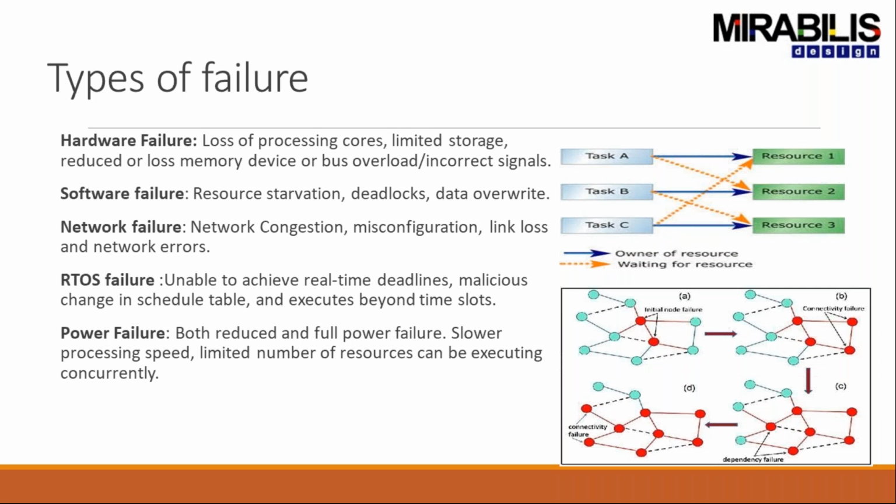What are the results which can be seen? For power failure, we have slower processing speed, spikes that are too high, and shocks, of course. Then what all things can be seen from injecting all these failures?